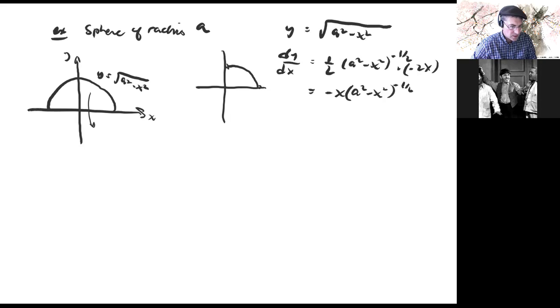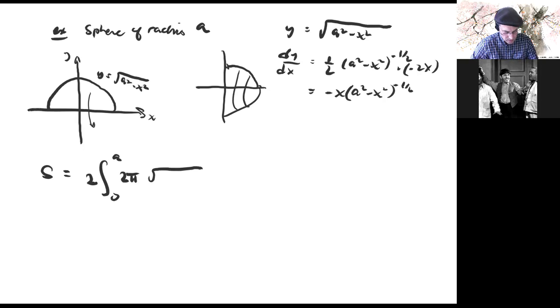And so what do we get? The surface area is going to be the integral from the two endpoints, which is 0 to a, but we're going to multiply the result by 2 because the figure only gives a hemisphere. 2 times 2 pi times the value of y, which is the square root of a squared minus x squared, times ds.